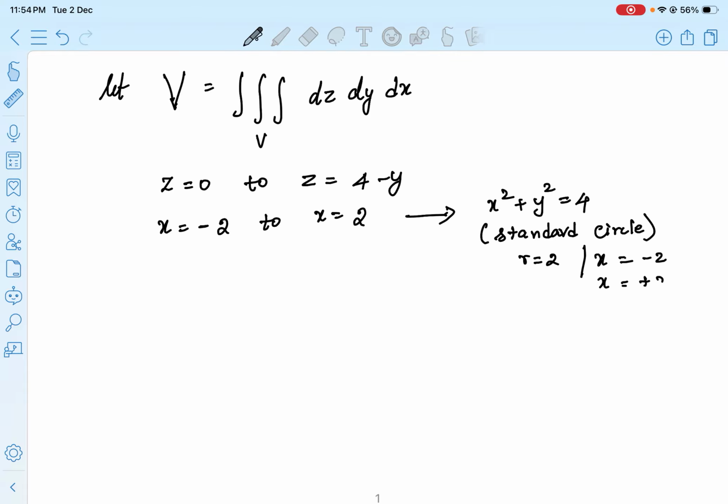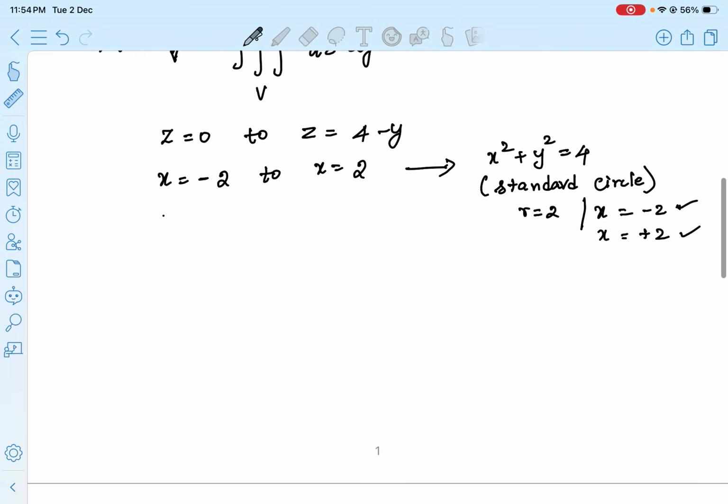This is the smallest possible value and the largest possible value. So considering this standard circle equation, we are choosing x equal to minus 2 to plus 2. Okay, so now next one is our y. So y equal to minus root of 4 minus x square to y equal to root of 4 minus x square.